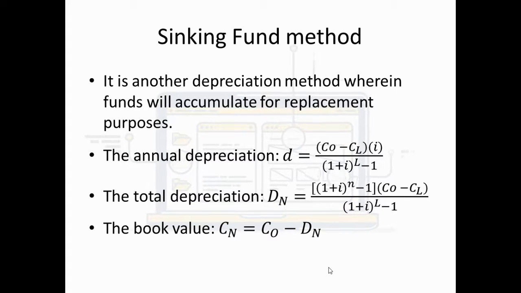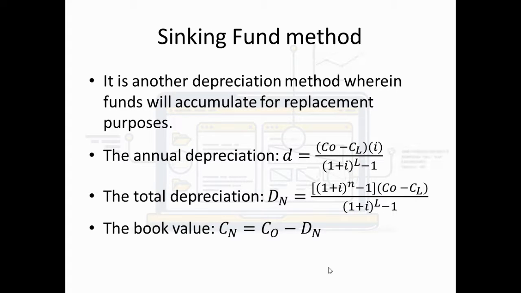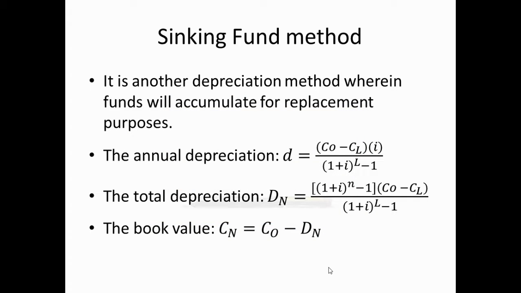So for this method, we'll still be using the same variables denoting our parameters. For the first one, the annual depreciation is still the small letter D. Its formula will be C sub 0 minus C sub L multiplied by I all over 1 plus I raised to L minus 1.